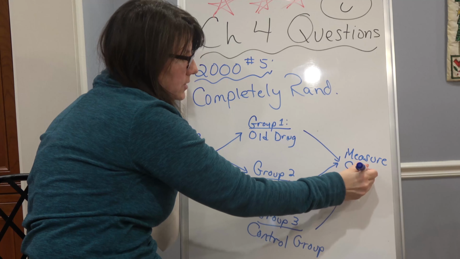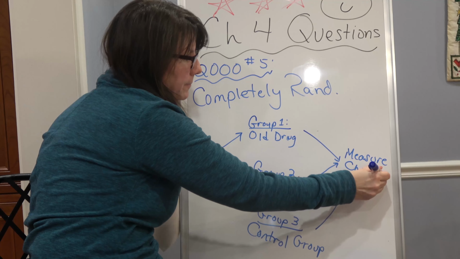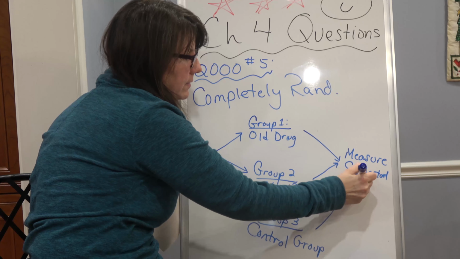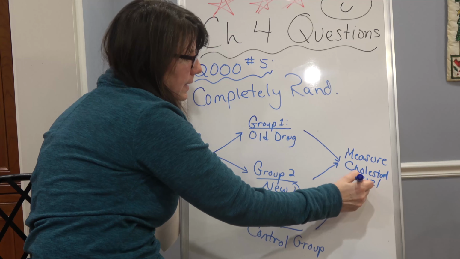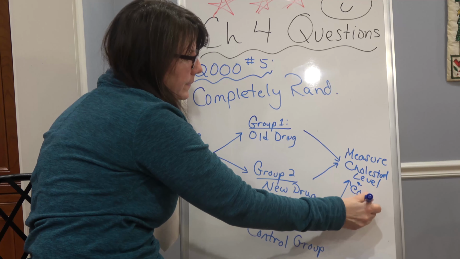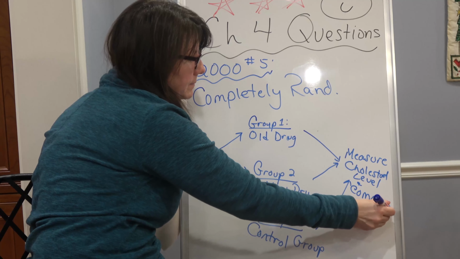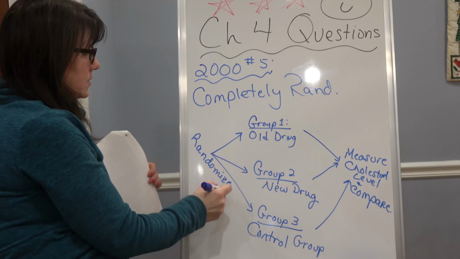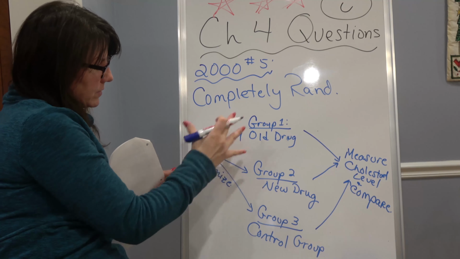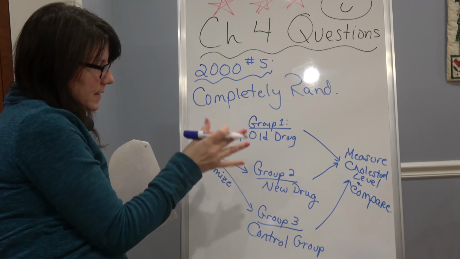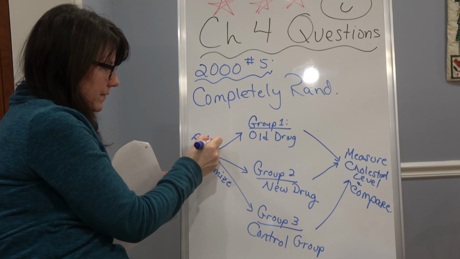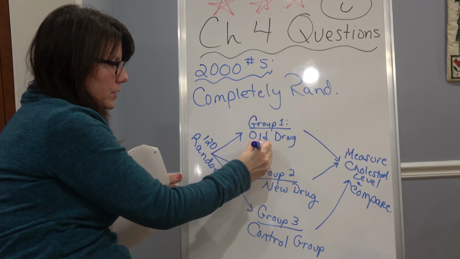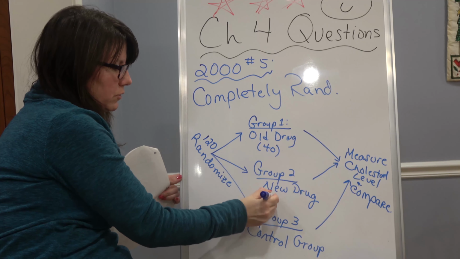Measure cholesterol level and compare. Okay. And so you want to say how many you have here. So let's say, I forget what I said, 50, but let's say I have 120, and I'm going to put 40 into each group.